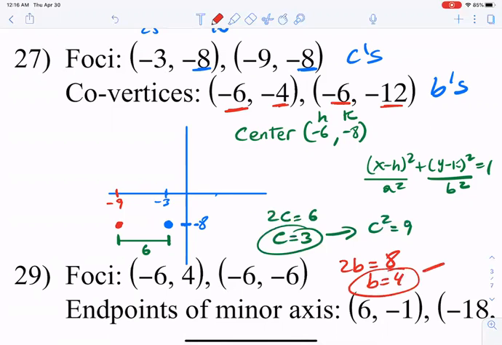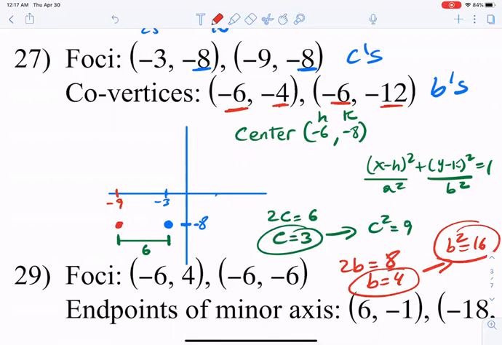That implies that b squared equals 16 units. Agree? The distance from negative 4 to negative 12 is 8 units, half of that is 4 units, and if you square that, you get 16.